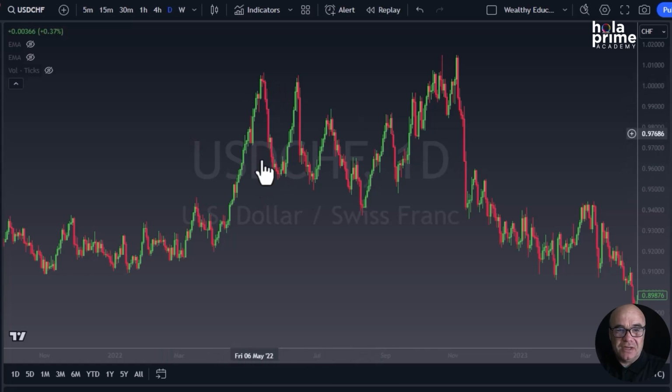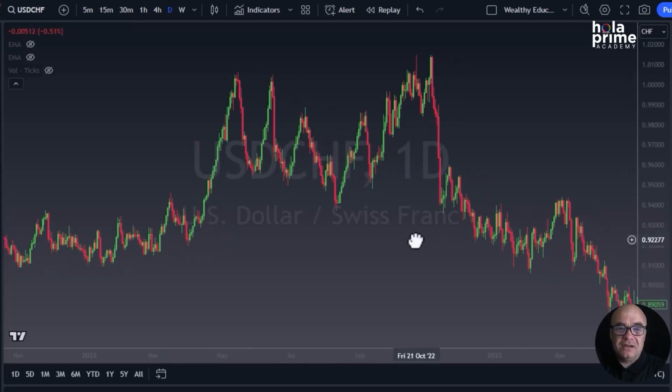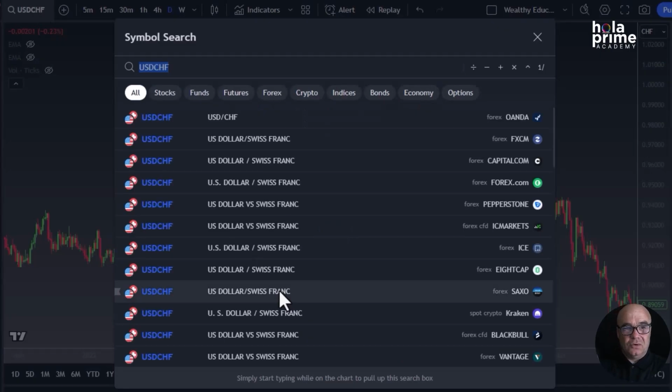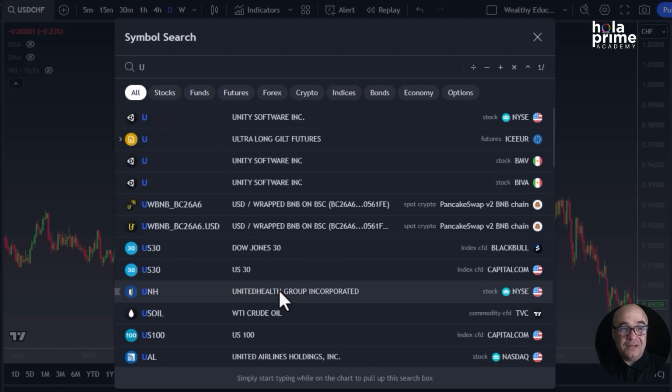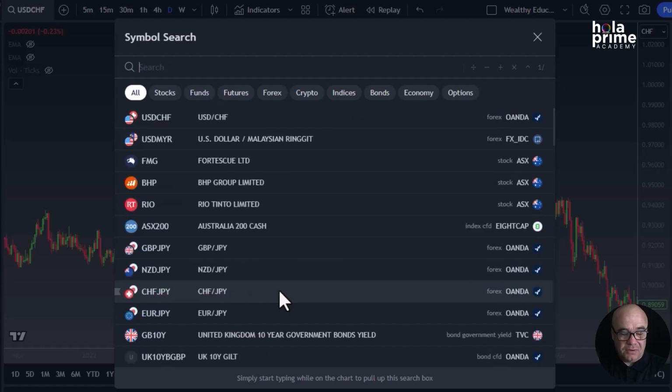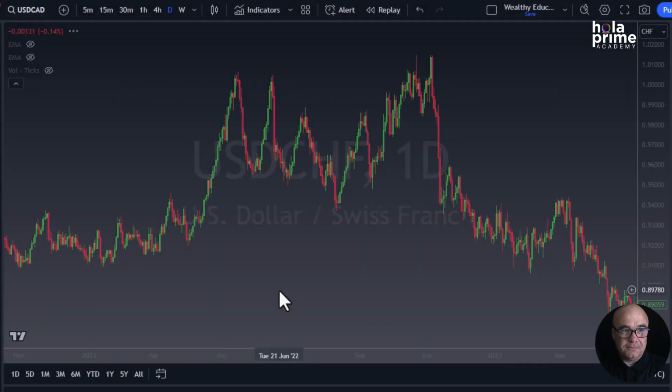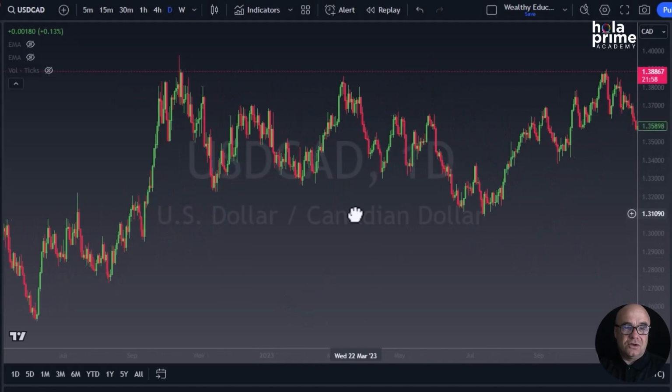So for example, here we have a very sideways choppy market, very, very difficult conditions for a flag to exist in, or at least a flag that you would want to be bothered with, is probably the best way to put it.